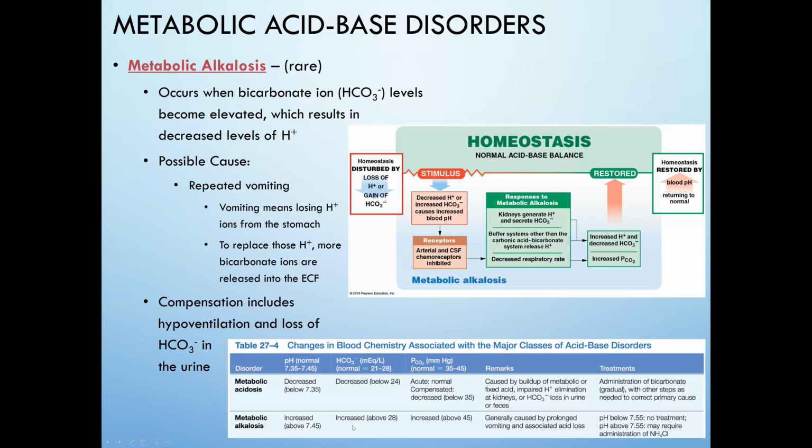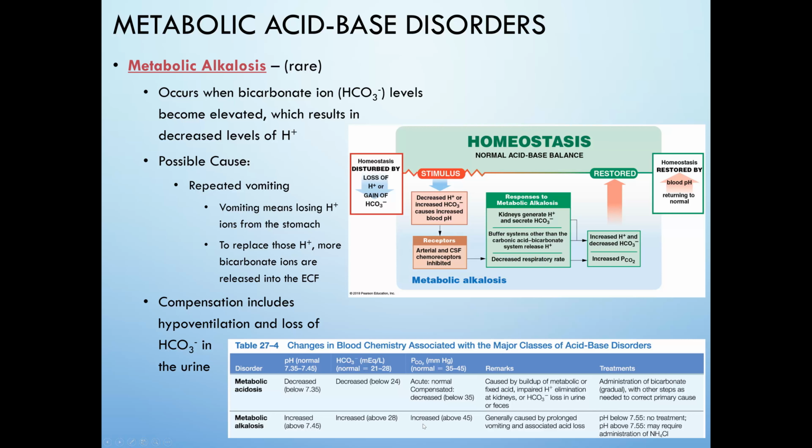And then in both cases, the CO2 is normally normal under the acute phase, but can change when you have compensation. So when compensation kicks in for metabolic acidosis, the CO2 levels can decrease because you have sped up your breathing rate. And with the compensation for metabolic alkalosis, your CO2 levels can increase because you have decreased your respiratory rate.